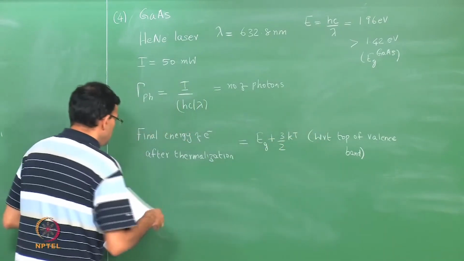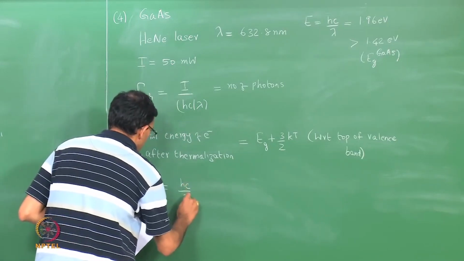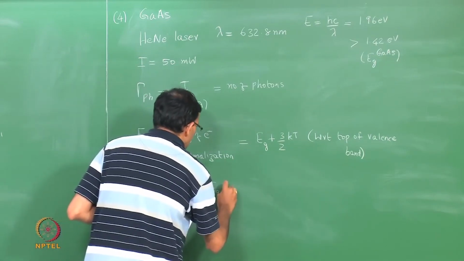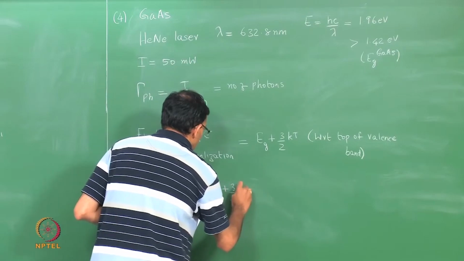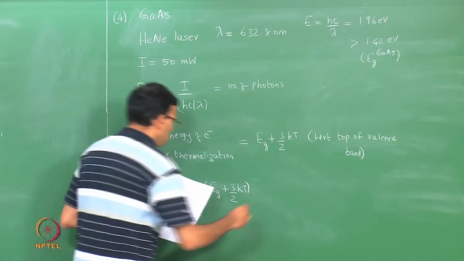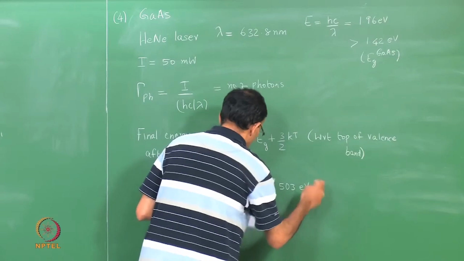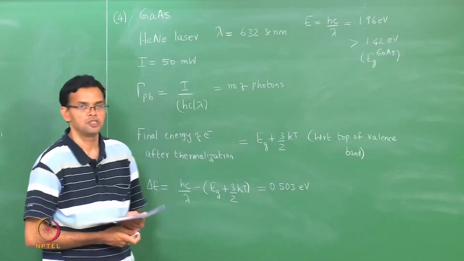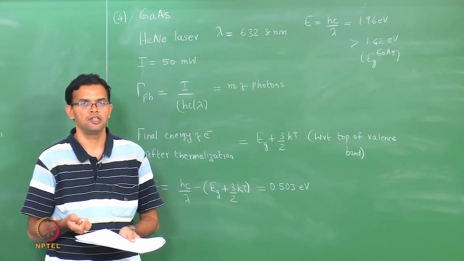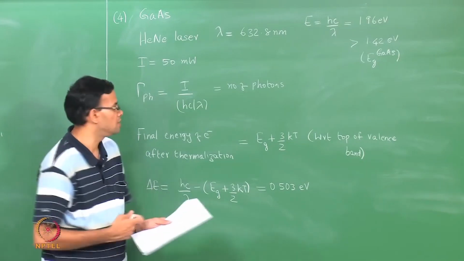So, the total energy lost delta E is nothing but hc over lambda minus (Eg plus 3/2 kT). This energy lost, if you do the numbers, is 0.503 electron volts. So, this energy is lost by every electron that is generated, which is equal to the total number of photons that are incident.